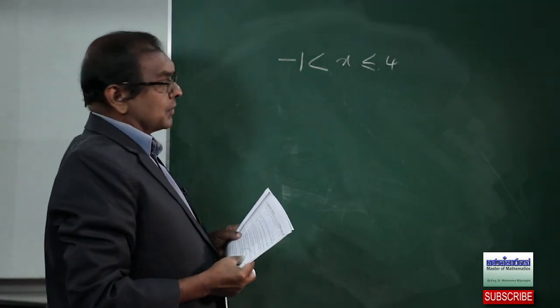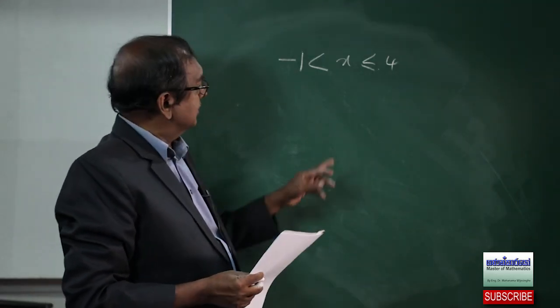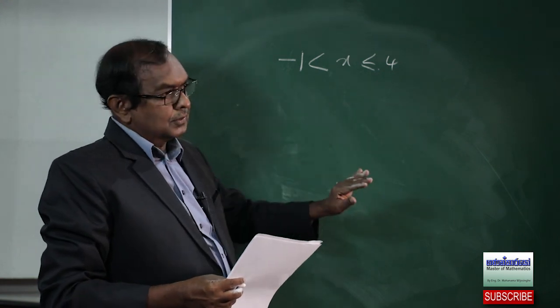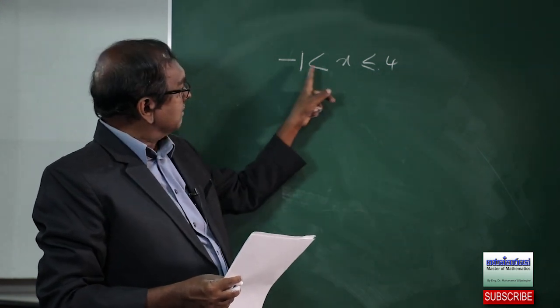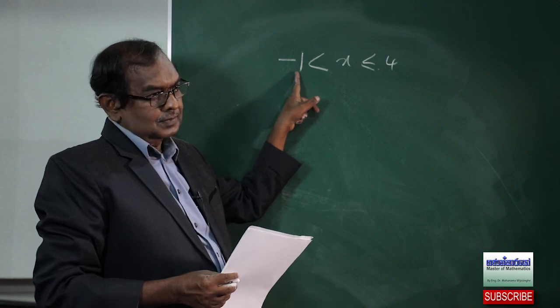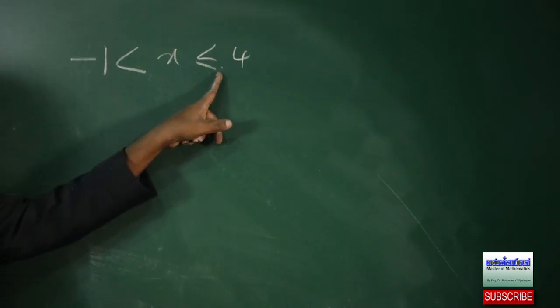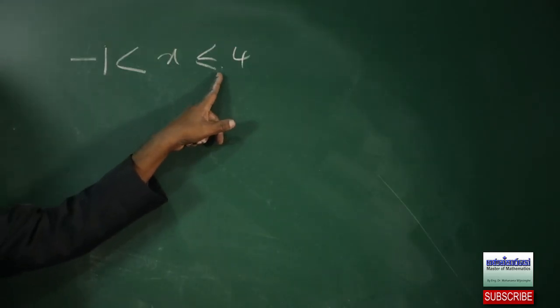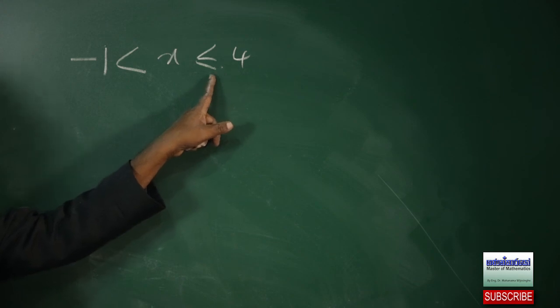This is an inequality. What is the meaning of that? The value of x should be greater than minus 1. The other thing is, this should be less than 4, but it can be equal to 4.